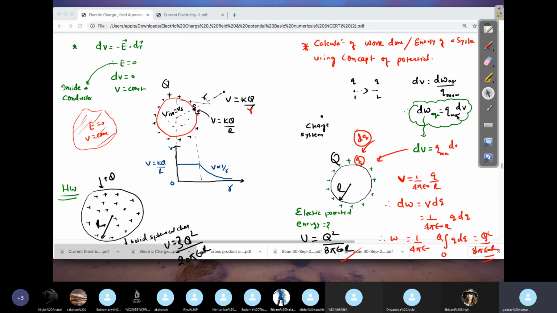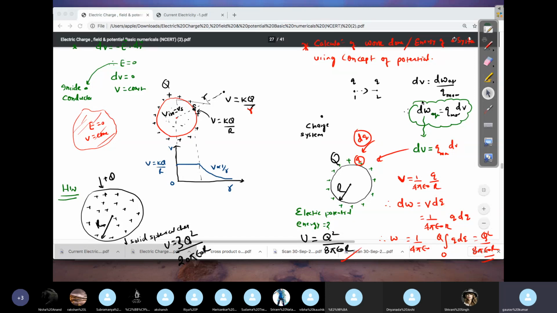We calculate the potential difference between these two points and multiply by the charge moved, and we'll get the work done.